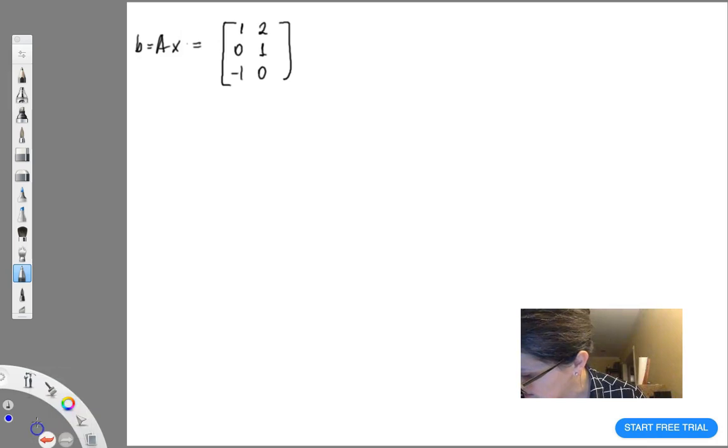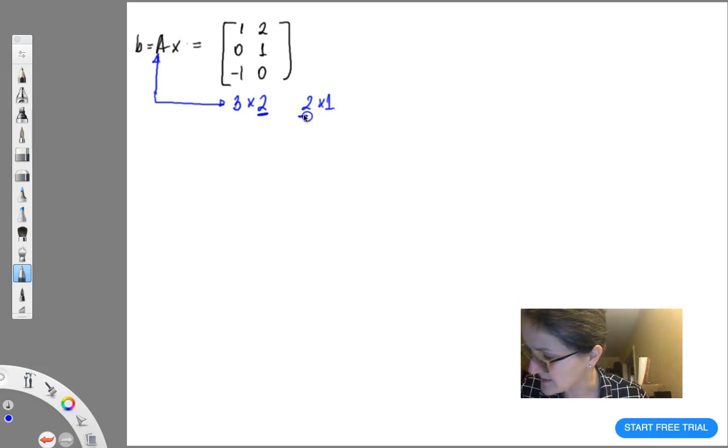So this is a matrix that is 3 times 2, this is my A, with dimension 3 by 2. Now the vector that I can actually multiply this matrix with has to be 2 by 1, so this has to be a matching dimension. So I'm going to give myself a vector that is 2 by 1, and I'm just going to go with -1, 3. Okay?